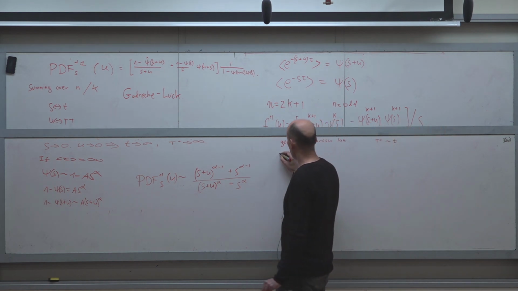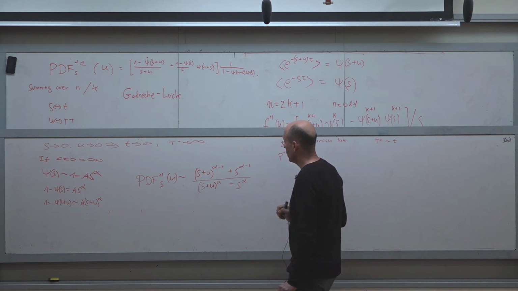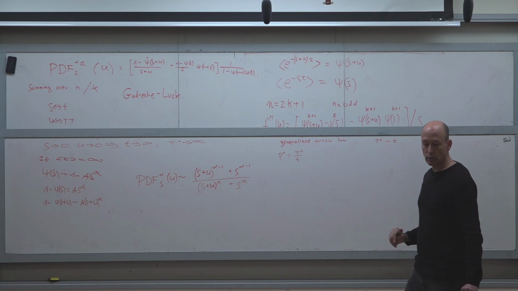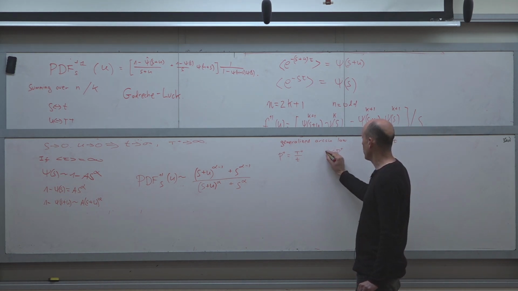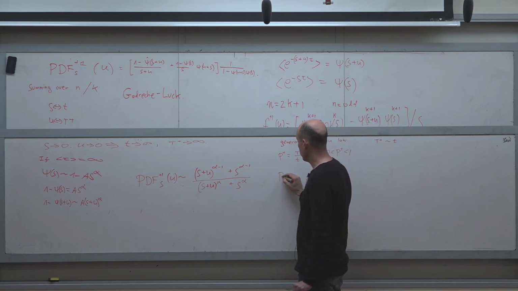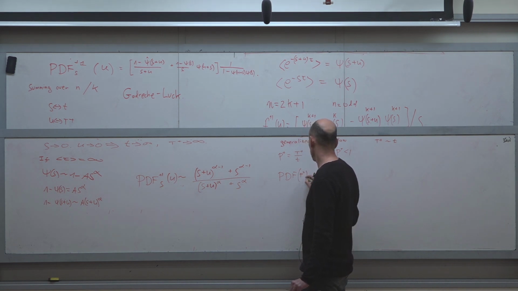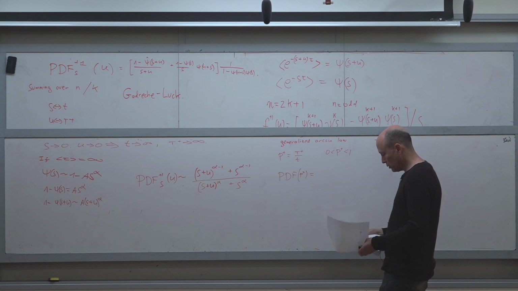And this is related to the fact that I can define a new random variable, p plus, which is t plus divided by t. And this random variable is, of course, as I said already, between 0 and 1. And if you invert this, you get the following. The PDF of p plus is this distribution.